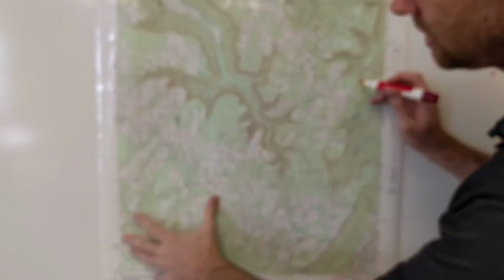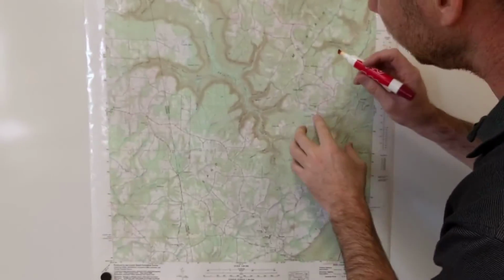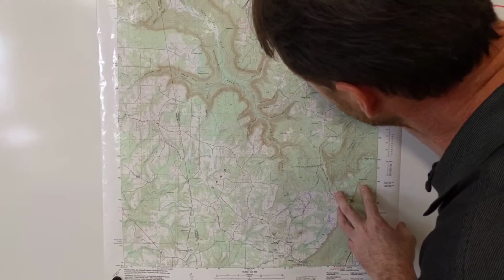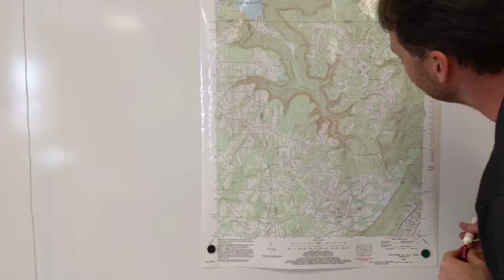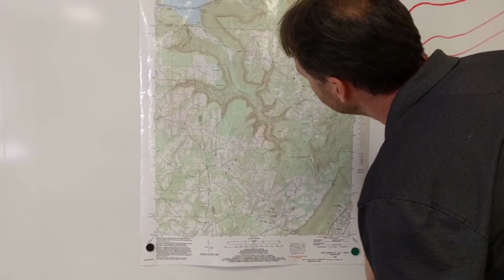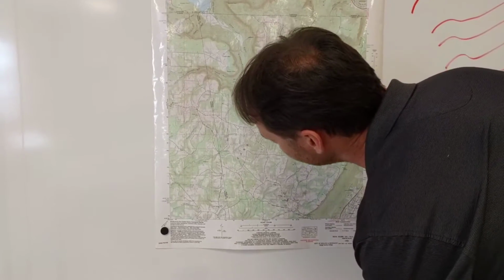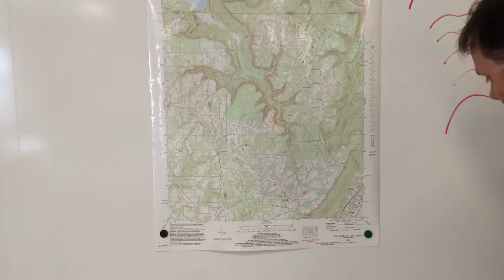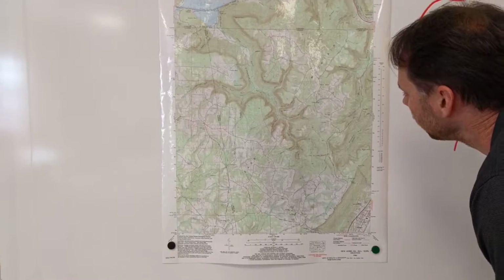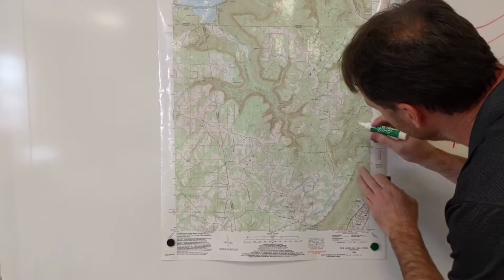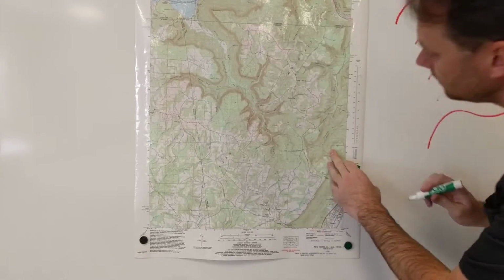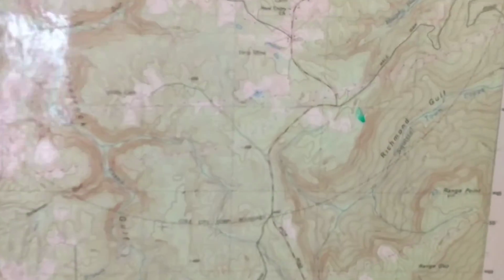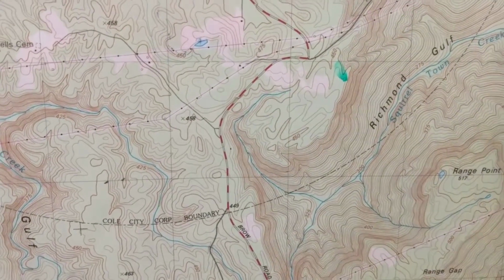Let's find, and Danielle, if you'll do this independently as well, let's find a contour line. So I've got one here that says 450. If you can see that, it says 450 right there.